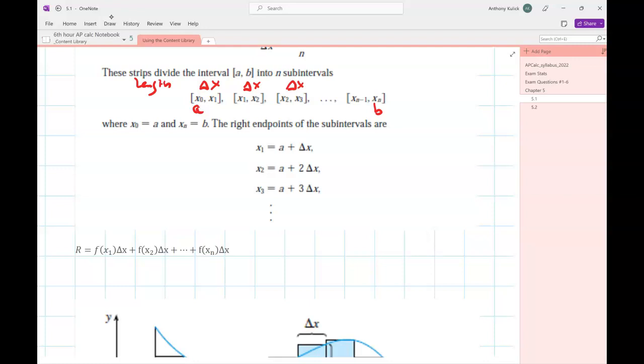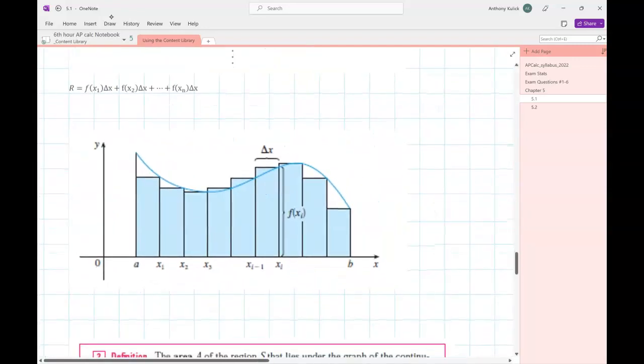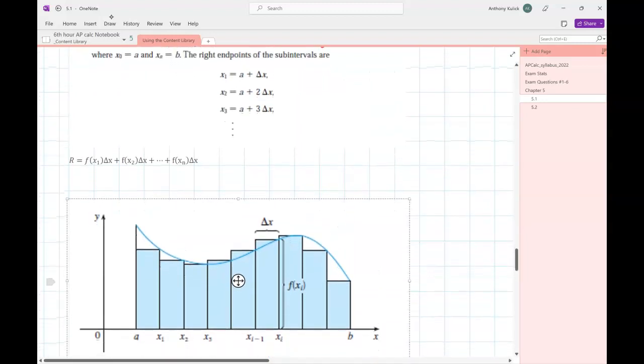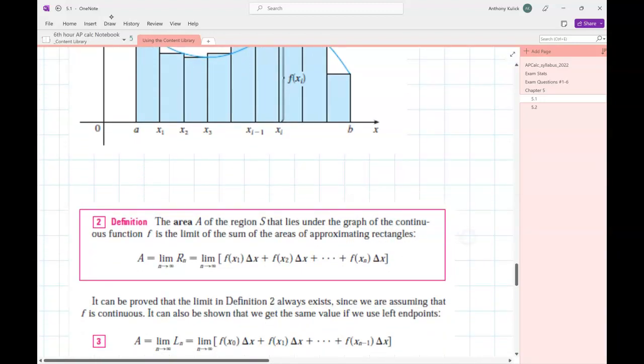Here's a picture illustrating this. So here again, the area under my region is just going to be the limit as n approaches infinity of the rectangles constructed this way. Everybody's okay with that?